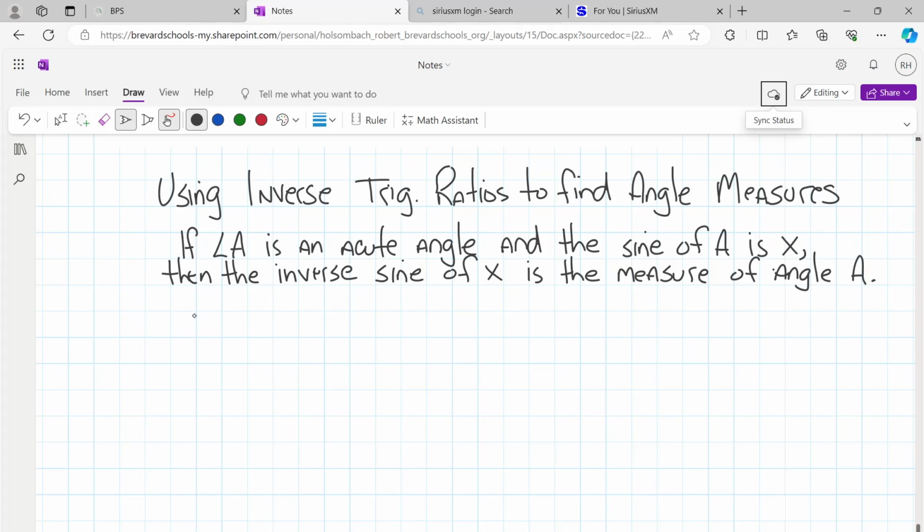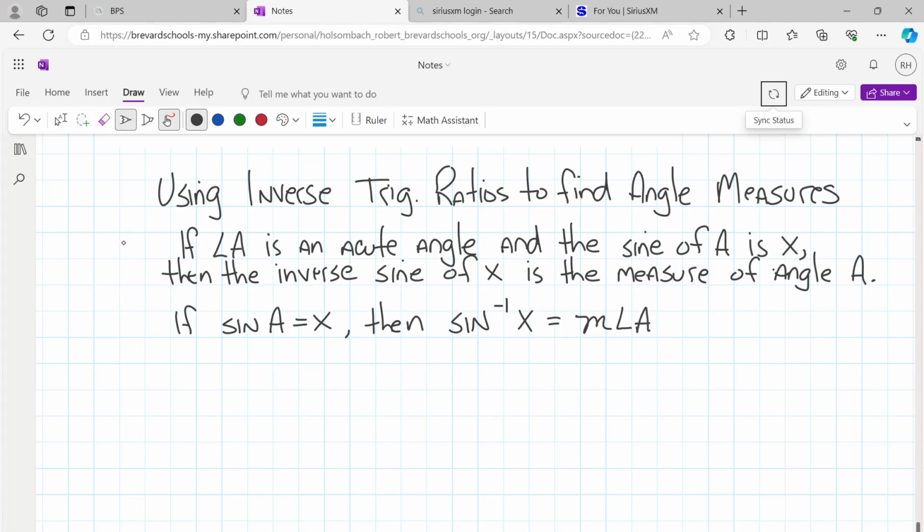The symbol states if sine of A equals x, then we see this as sine -1, sine raised to the -1 power. You say it inverse sine. All right, so if sine of A is equal to x, then inverse sine of x is equal to the measure of angle A.